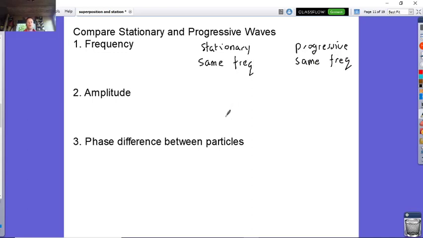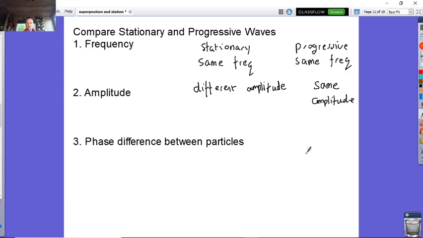Secondly, going through the amplitude, in a stationary wave the particles are going to have different amplitudes, because you've got a maximum at the antinode. Important to note is the fact that if you've got a node, you've got no amplitude whatsoever. In the progressive wave, aren't they all going to have the same amplitude, because they go up and down, but they can all have the same maximum amplitude as the wave goes along.